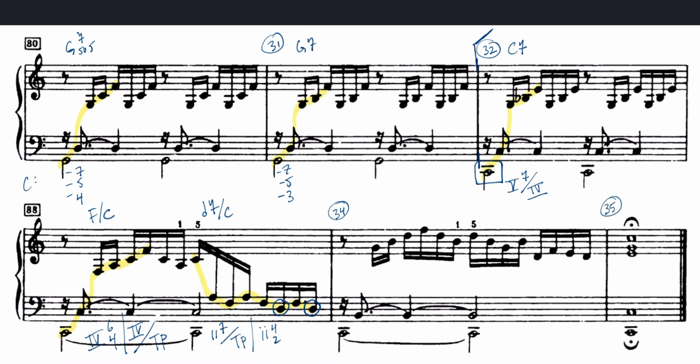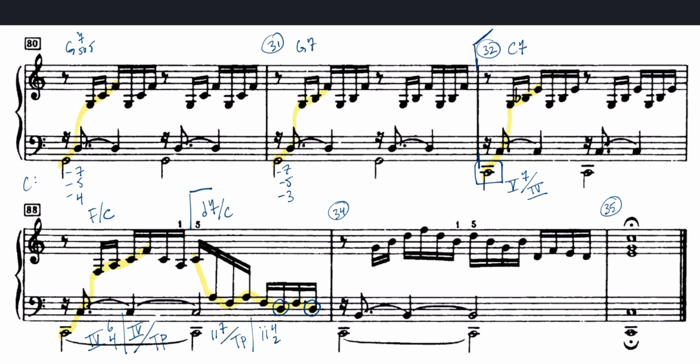So for me, the kind of repetition, the recapitulatory opening phrase reappearing here at the end starts from the second half of measure 33. In which case the question becomes, what is the purpose of the first half of measure 33?